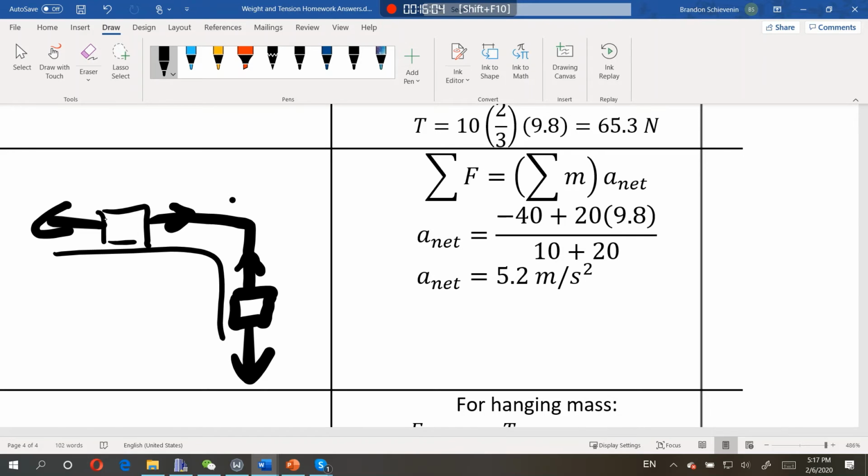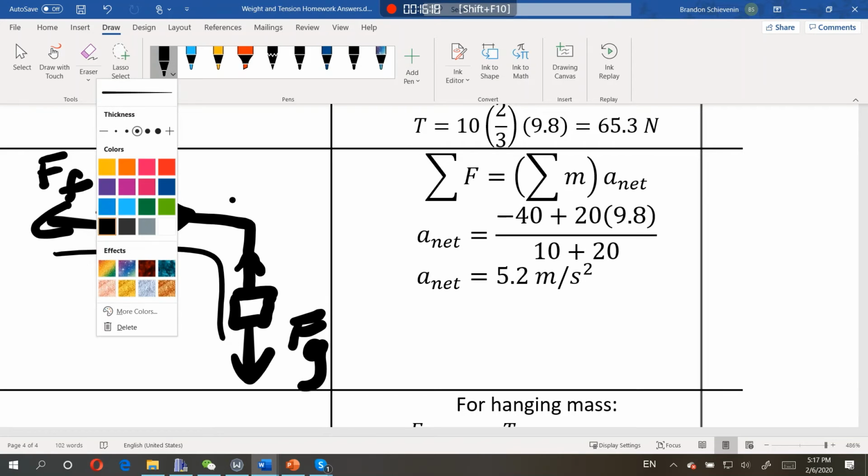So really, the only two forces that we need to be concerned about, because these tensions are the same, are my force of friction and my force of gravity. Okay, so I've got our two forces.